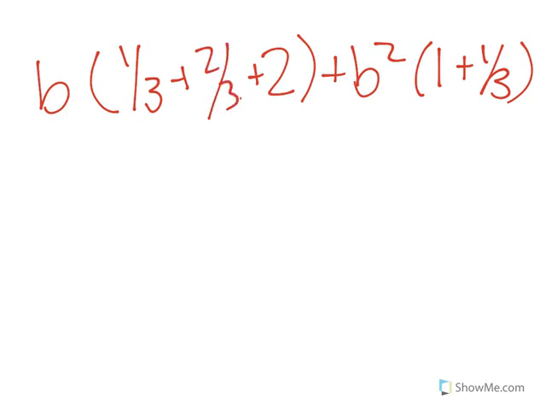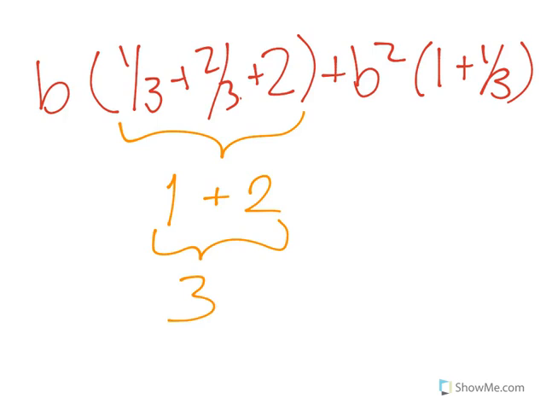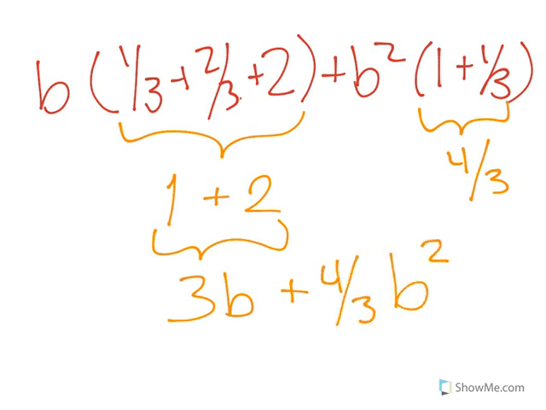And so we just do addition. 1/3 plus 2/3 is equal to 1 plus 2. This is equal to 3. So we have 3b actually. We can just get rid of the parentheses, no need if it's only two values that are being multiplied. And then here we have 4/3. So we're left with 4/3 b squared.